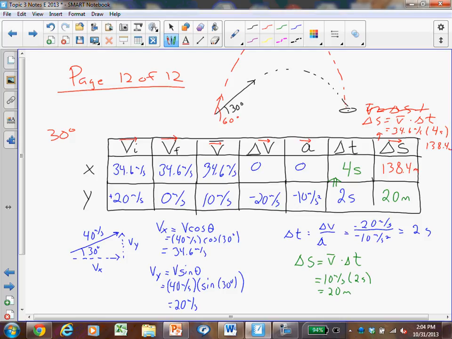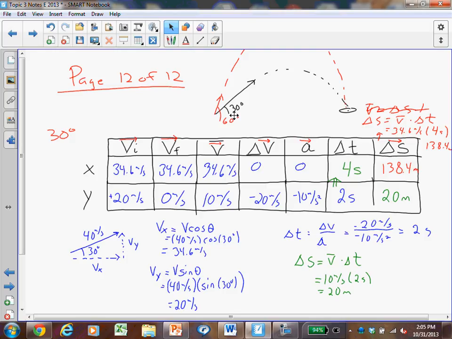Let's see how that changes for 60 degrees. Well, look at the diagram that's chopped off here for 60. What should be the same for the 60 from the diagram? The x should be the same. Should the y be the same? No, it should be different, right? And what about time? Should the time be the same?